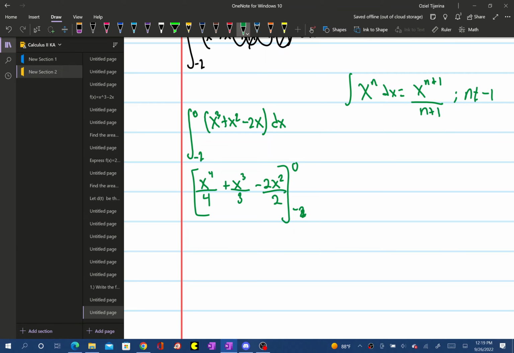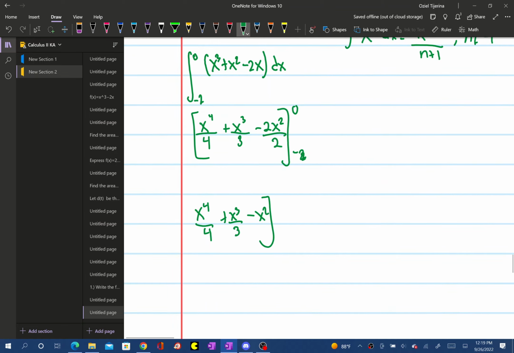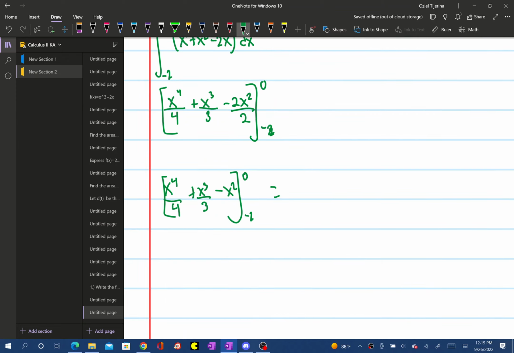So really, this turns into x to the 4th over 4 plus x cubed over 3 minus x squared. Now, when you have f of x from A to B, this will be f of B minus f of A. Okay.